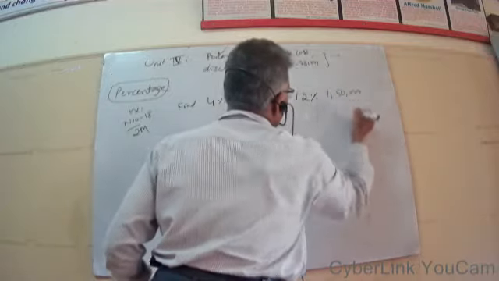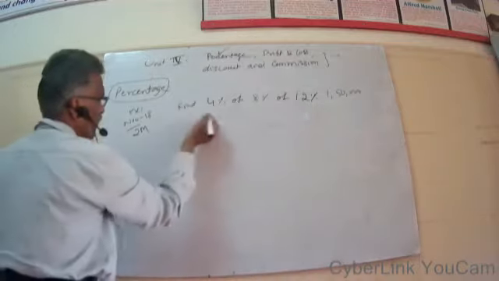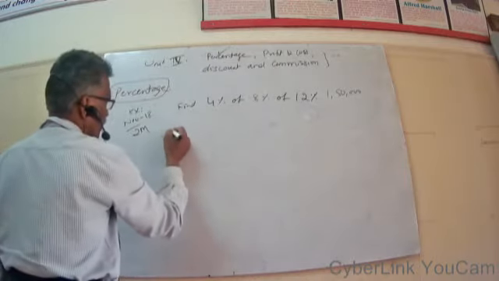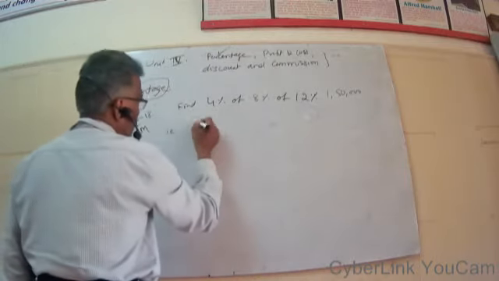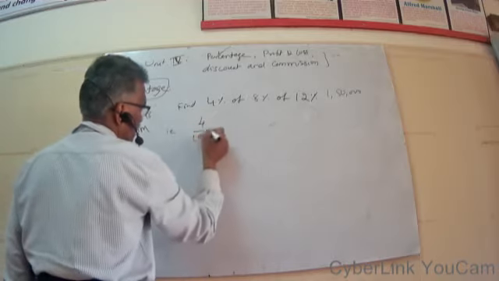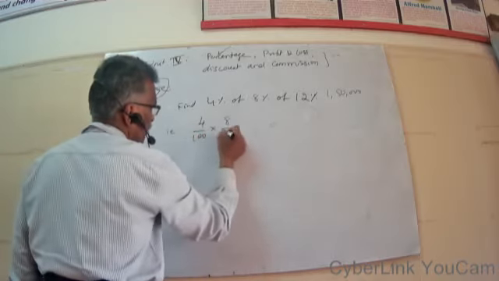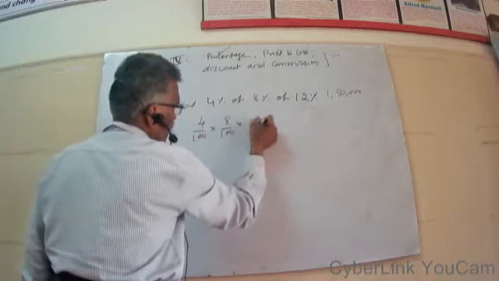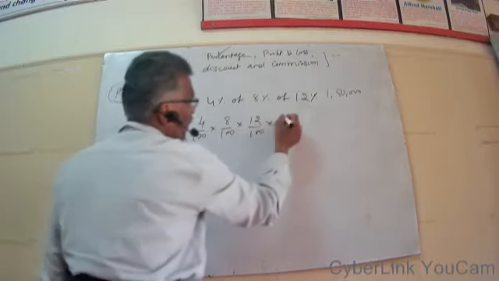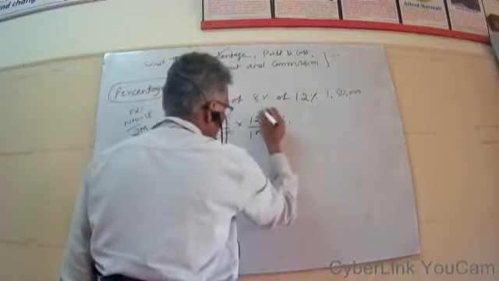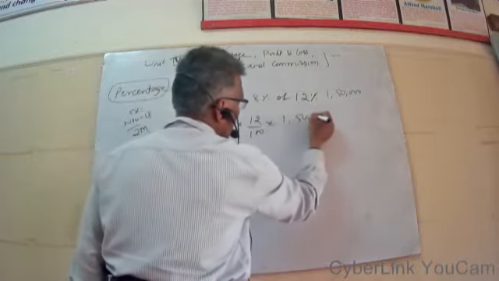So this is equal to 4 by 100 into 8 by 100 into 12 by 100 into 1,50,000.